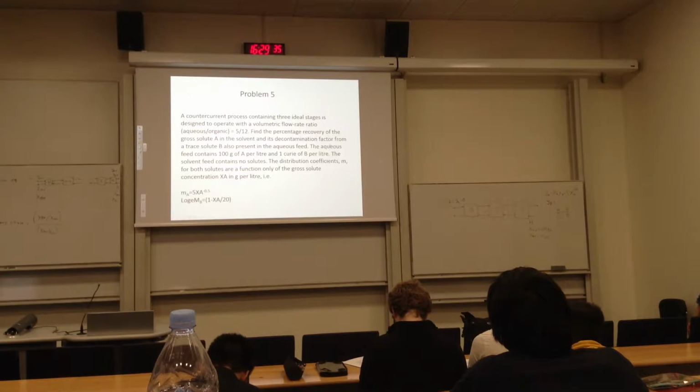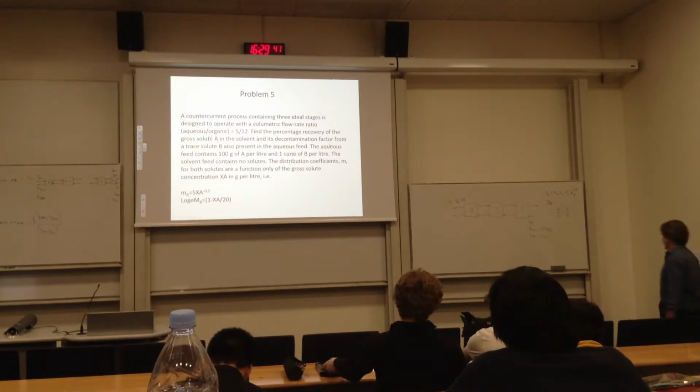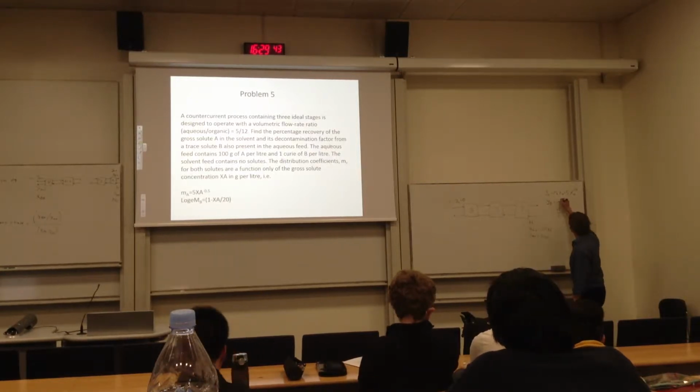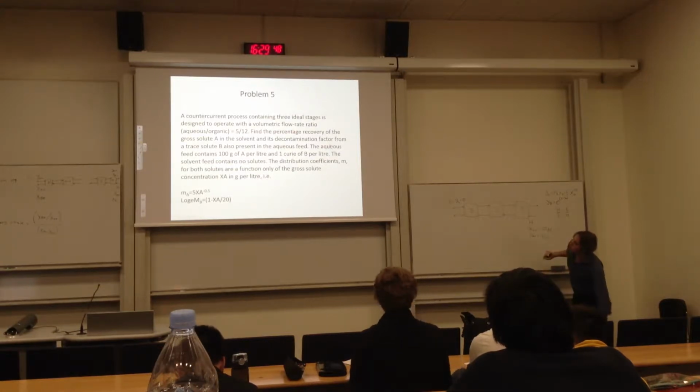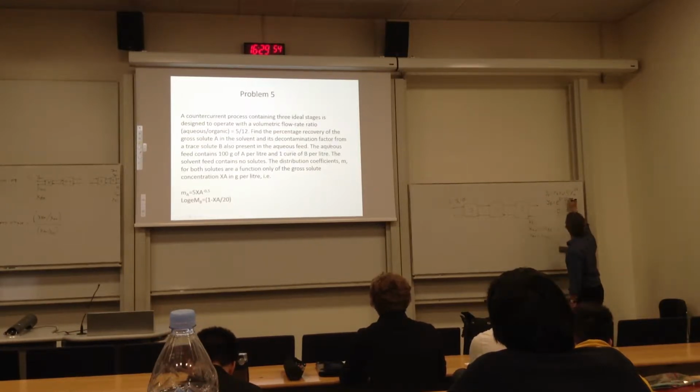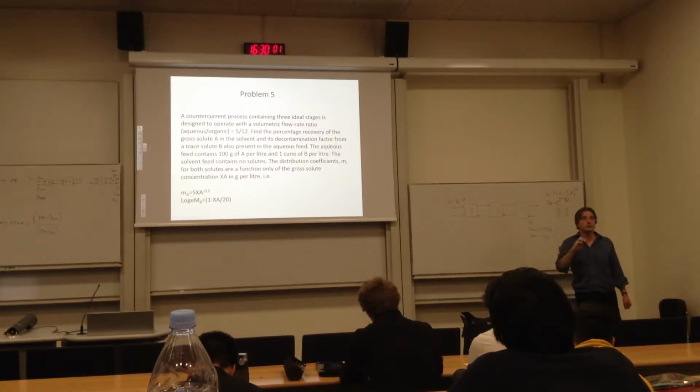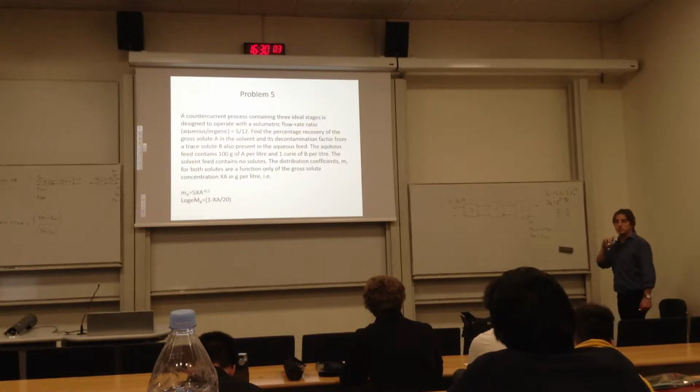Come on, a last effort before the weekend. E to the power of the right-hand side. All right. So we have to write M, which is E to 1 minus XA. Sorry, this is XA over 20. And what else? Is that all? XB.